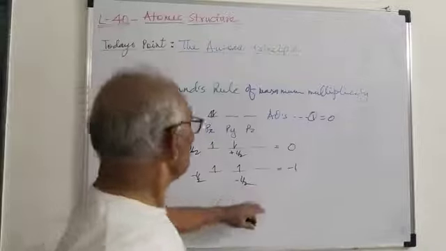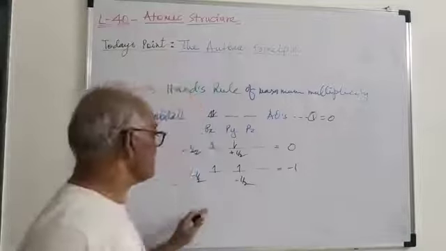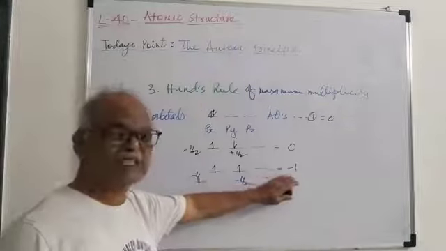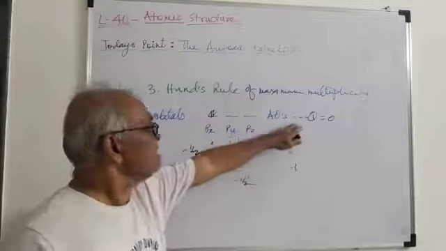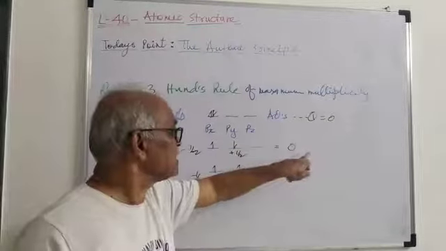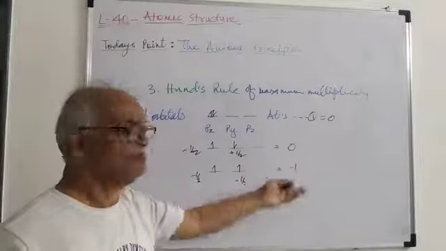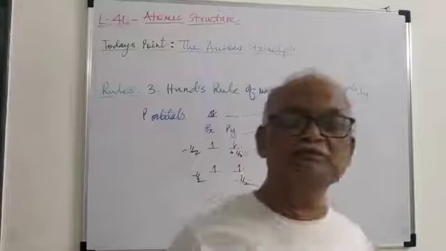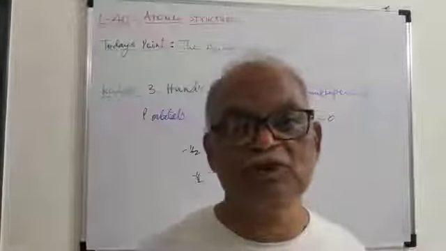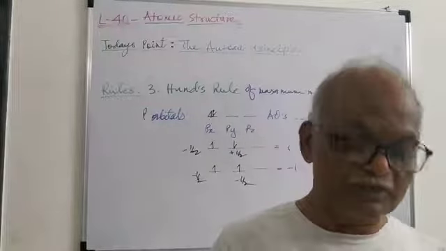So according to Hund's rule, we have to choose that configuration in which the total spin is maximum. In the first cases the total spin is 0, which means lower. But in this case the spin is 1, that is -1. We should not consider whether it is negative or positive; we have to consider the total value.